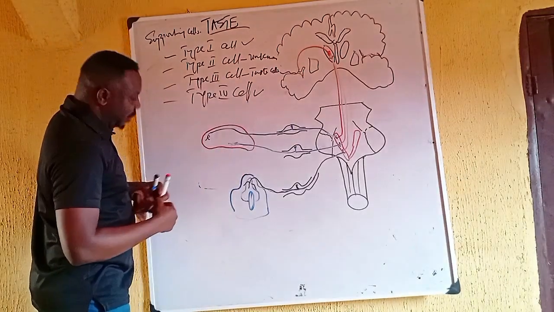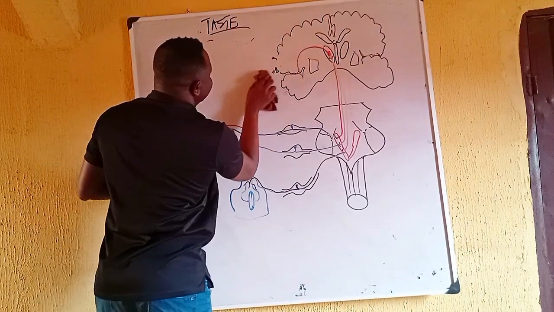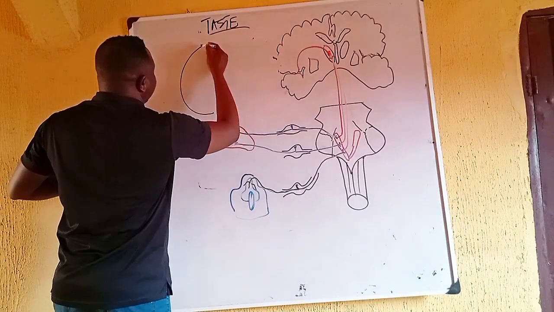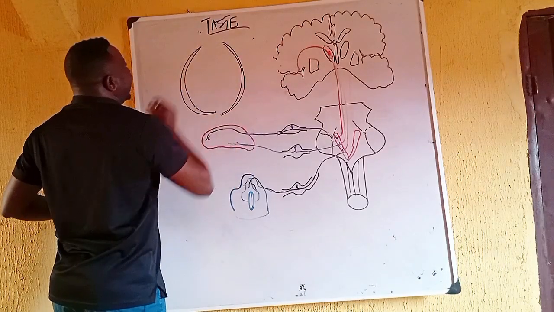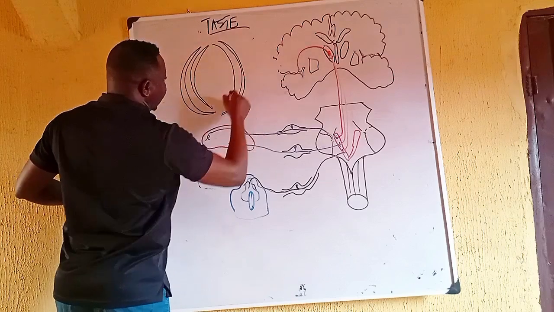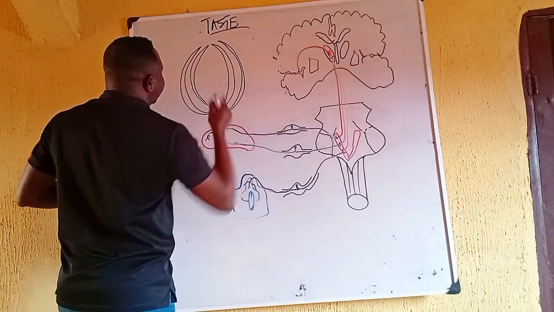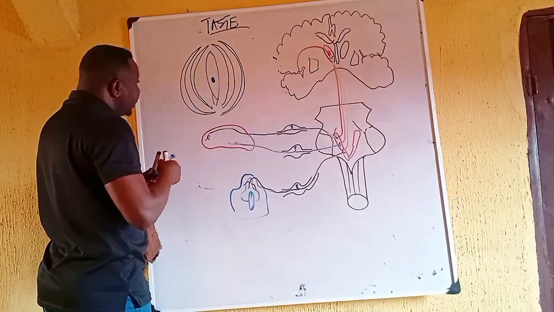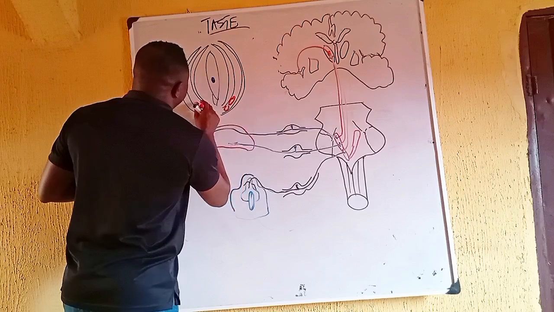Now, okay, let me draw the diagram so that you appreciate it better. This is the diagram. This is type 1 cell. This is type 2 cell. And then this is type 3 cell. And then we have another one called the basal cell.